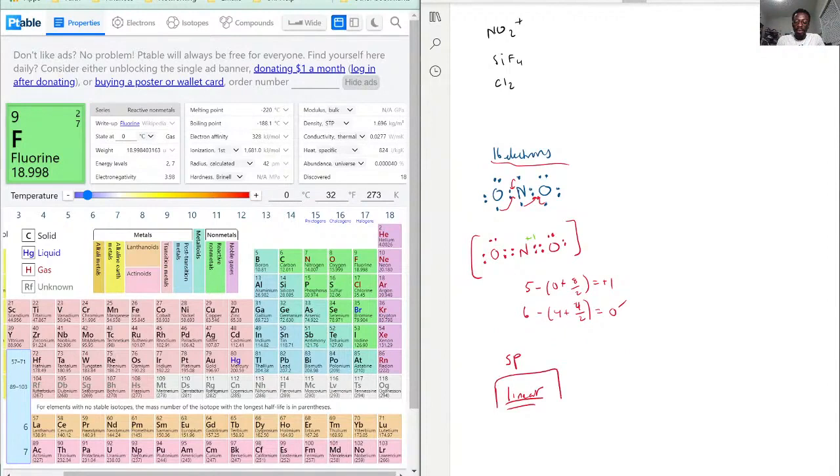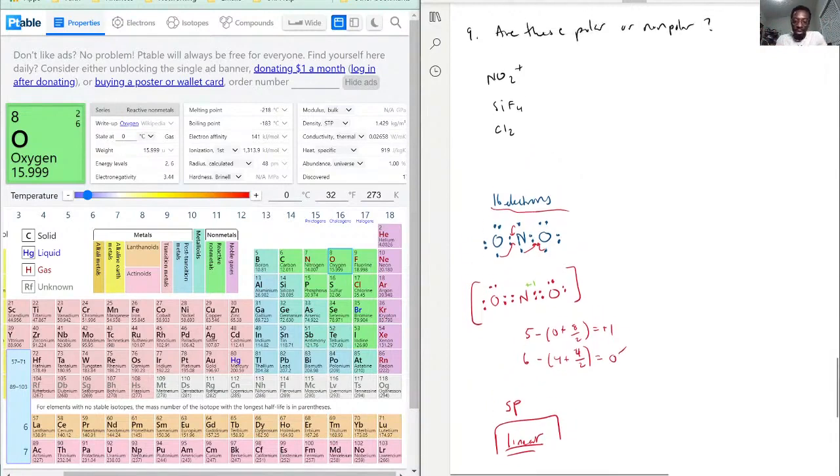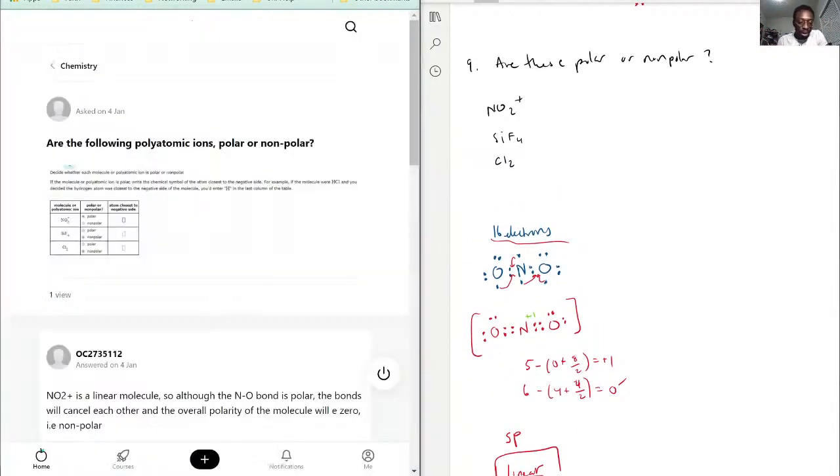Now this is very important because a linear molecule means that the oxygens on each end, even though, actually not even may, if you look at the difference in electronegativity, 3.44 versus 3.04, it's just enough that you can argue that it is technically a polar bond between them. But even if that was the case, the molecule itself still ends up being non-polar. Why? Because it's linear and the oxygens are pulling on the middle nitrogen with the same amount of force. So overall, there's no net movement. So NO2 plus actually would be non-polar.